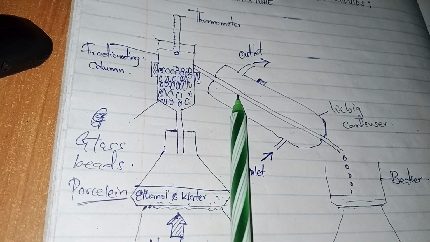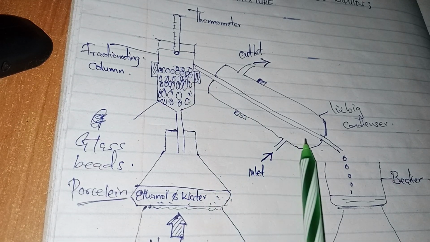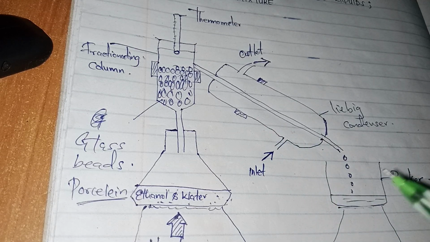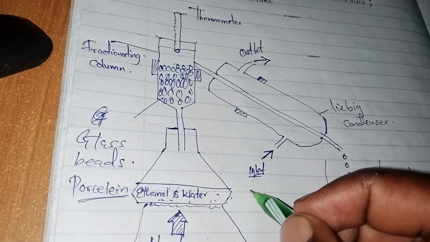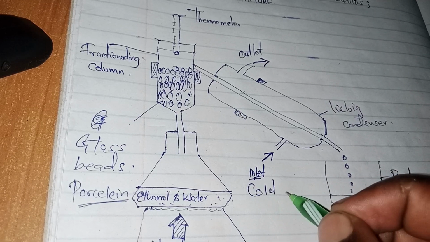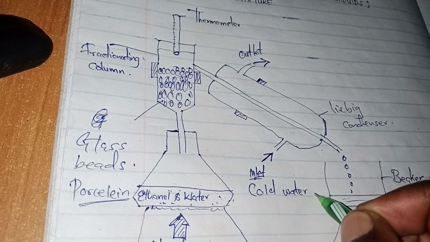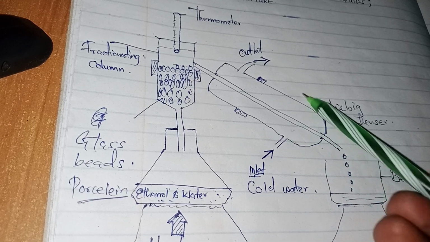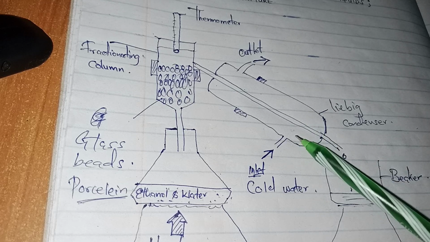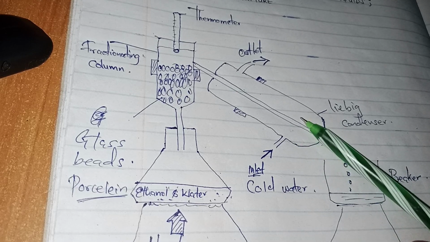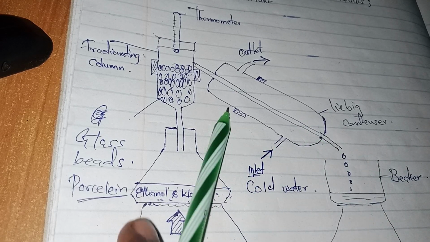It goes through the tube that is connected to the Liebig condenser. Remember, we have an inlet, and what is coming in is cold water. The condenser is like a container, like a tank, through which the tube passes.